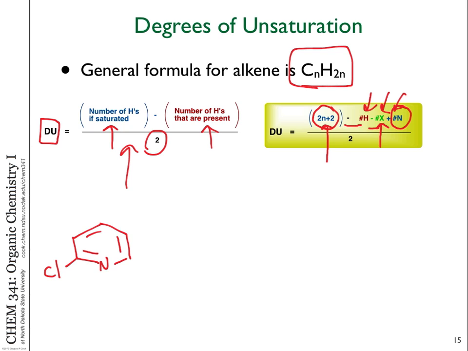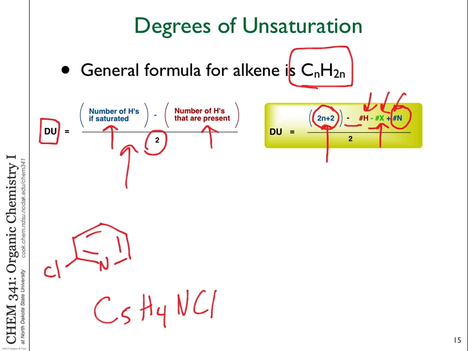What's the molecular formula? C5H4NCl. If you didn't know the structure and you just had the molecular formula, you should be able to figure out the degrees of unsaturation: how many pi bonds or rings or combinations of those there might be.